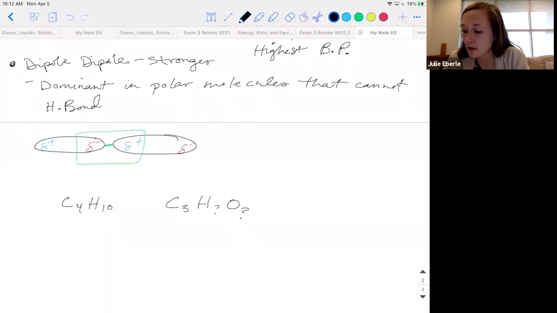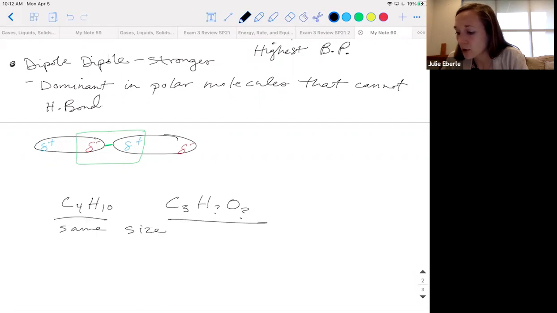So if you have two molecules that are the same size, you need to see which one is polar and which one is non-polar. The one that's polar can experience dipole interactions. It would take more energy to break apart molecules held together by dipoles than by van der Waals forces. So we would say this one had a higher boiling point because of that. Okay, does that make sense?